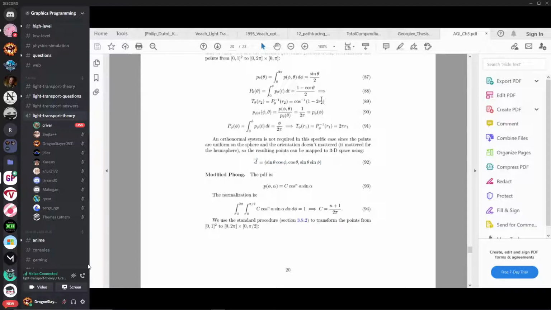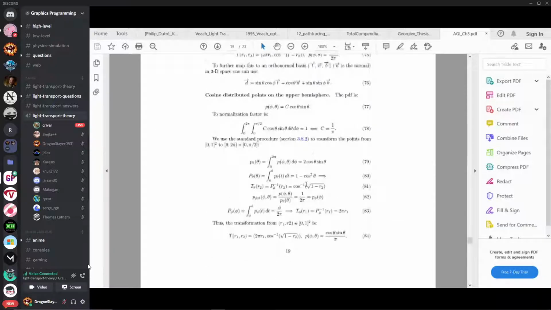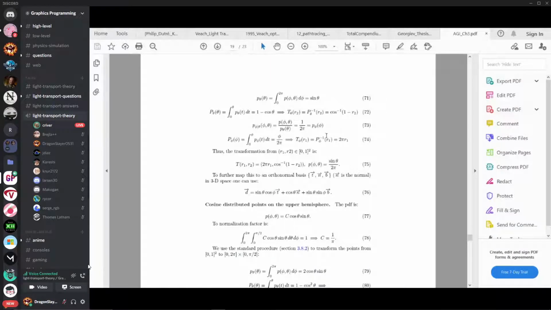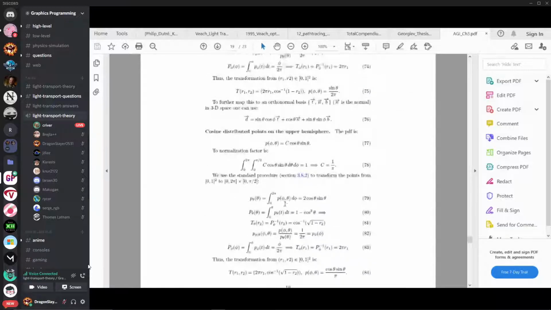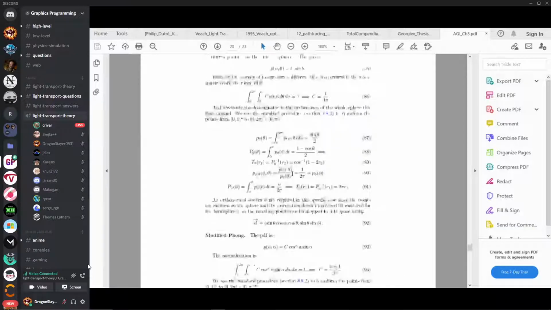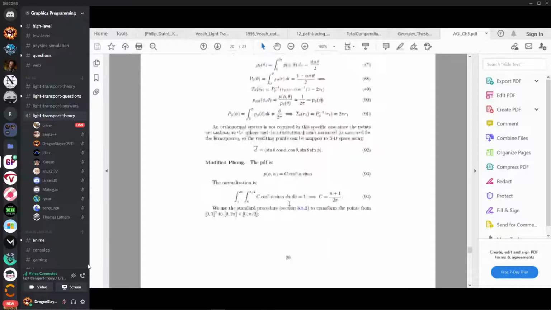The previous ones, by having R2 in 0, 1, would always generate points around the normal, so it won't go in the lower hemisphere. This would allow you to go in the lower hemisphere simply because you can have a negative here.